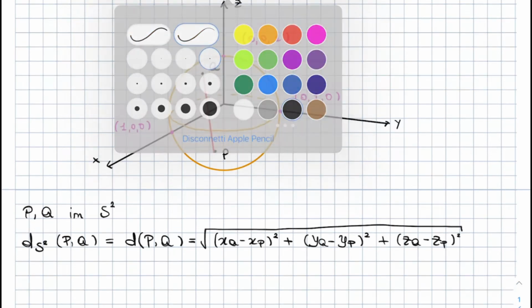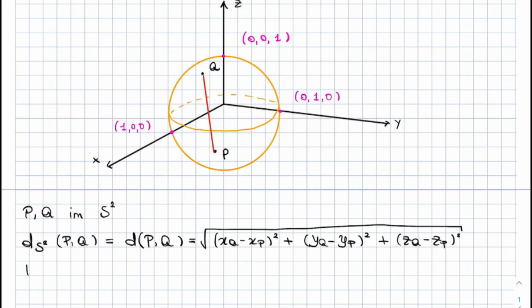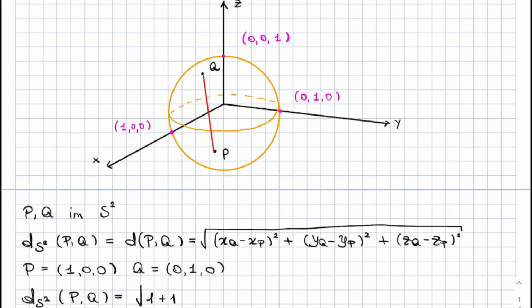So, for example, if you wanted to take P equal to 1, 0, 0 and Q equal to 0, 1, 0, then the distance on the sphere between P and Q would be given by the square root of 1 plus 1, which is equal to the square root of 2.